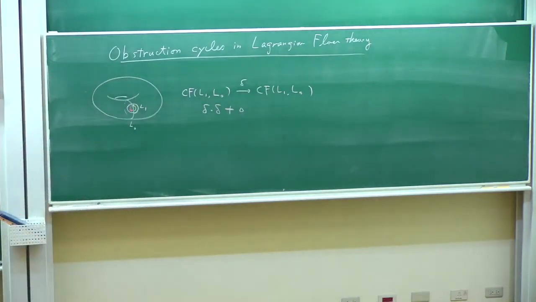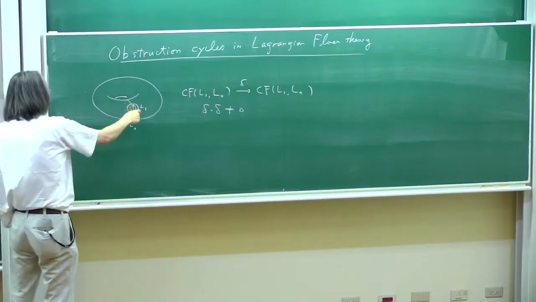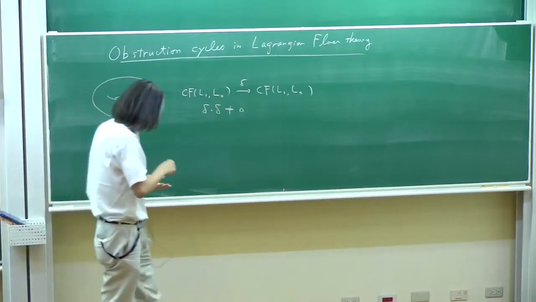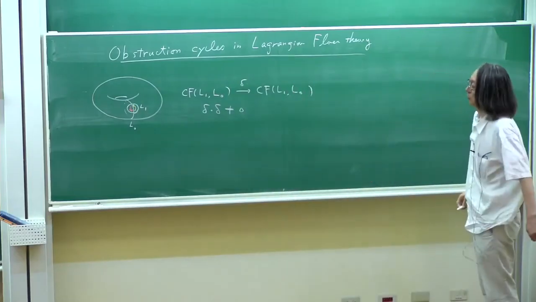I mean, the relative index must be 1, so therefore these are only 2. So if you apply the red one and the yellow one, then somehow you come back to the same intersection point. And so maybe, no way to do this. I mean, in this case, no way.